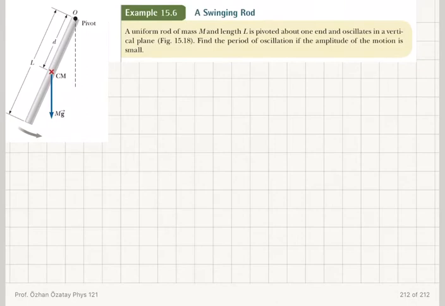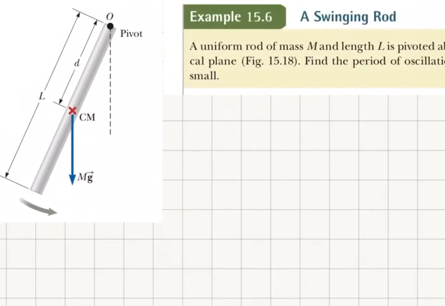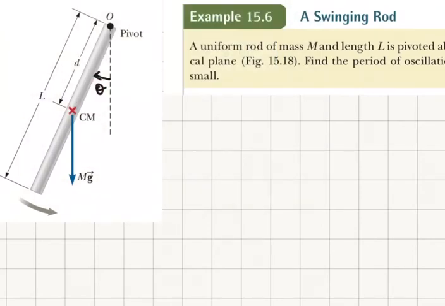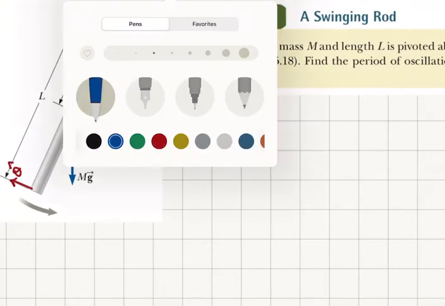We have a uniform rod of mass capital M and length L that is pivoted about one end and oscillates in a vertical plane. Find the period of oscillation if the amplitude of the motion is small. Okay, so let me take a look at this setup here. So I'm going to define the angle theta to be increasing in this direction. So this will be theta.